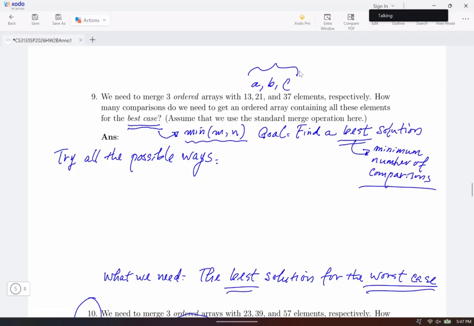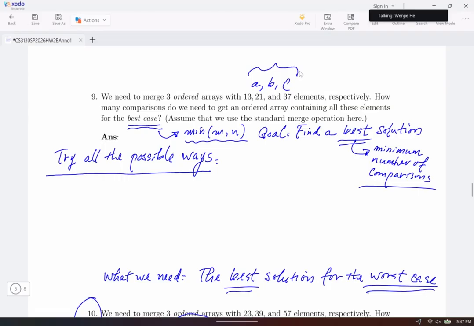So that's our understanding. But you have to exhaust all the possible cases, right? You cannot miss any of the cases. So the first thing, we need to go through all the possible ways. Let me show you how many ways.